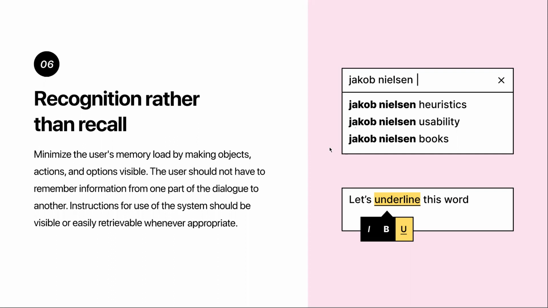Now, recognition rather than recall. Minimize the user's memory load by making objects, actions, and options available. Users should not have to remember the information from one part of a dialogue to another. Instructions for use of the system should be visible or easily retrievable when appropriate. Now, these laws are very long.